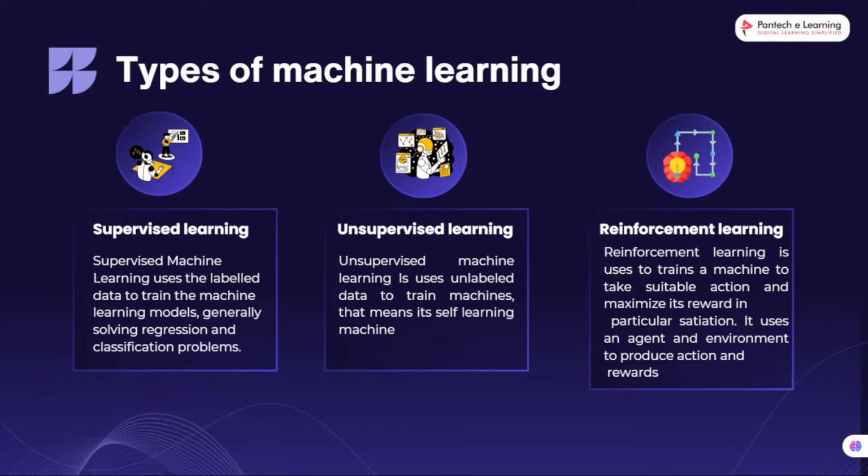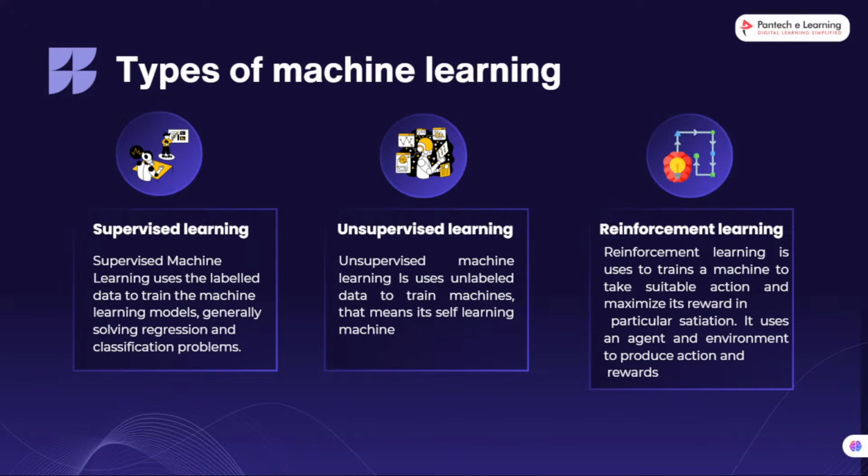Most of the people, I think, if you are from the CS department, you know this, right? Supervised learning uses labeled data to train machine learning models and generally solves regression and classification problems. Why do we call supervised learning the teacher-student concept? Because supervised learning uses labeled data.